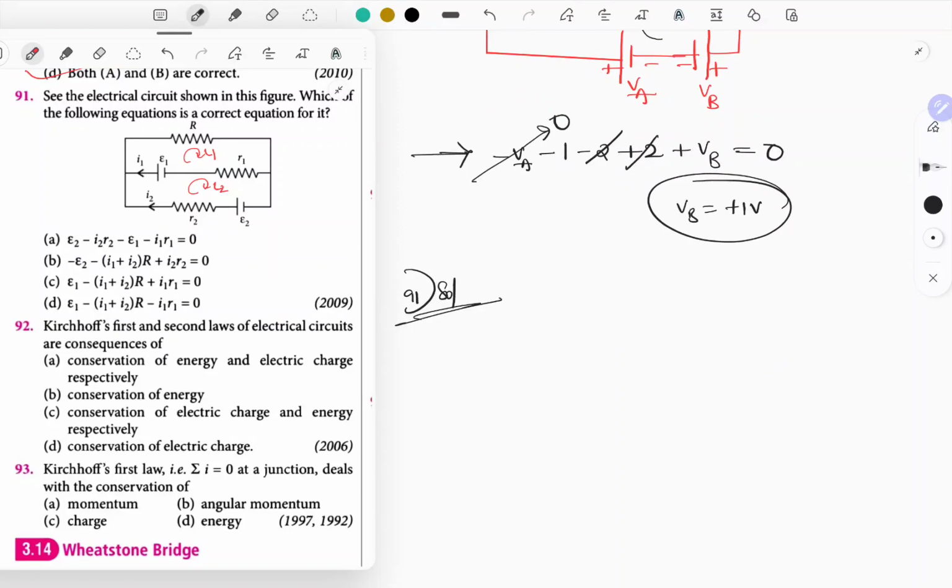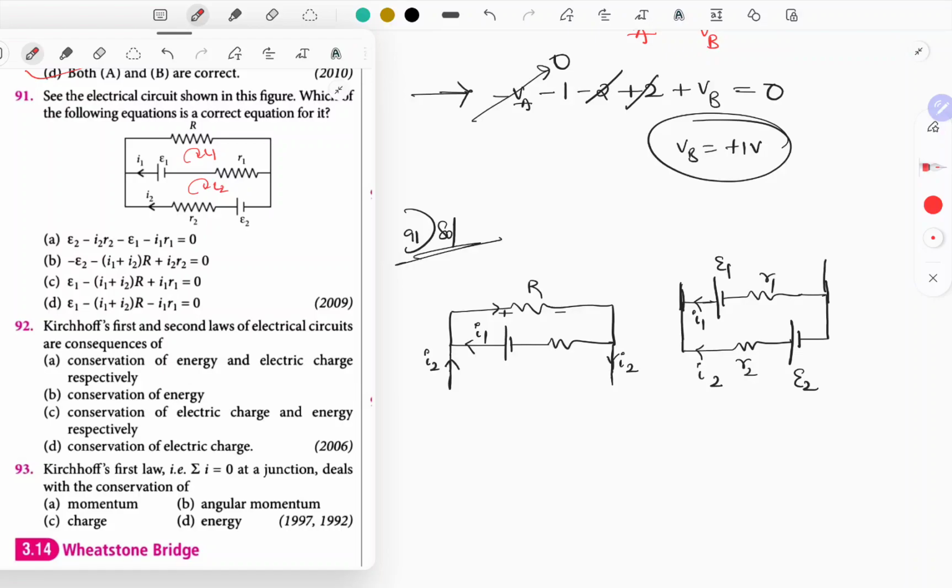Let's observe loop 2 first. Observe this circuit. I just divided loop 1 and loop 2. It doesn't mean that I'm making it an open circuit. That is not the meaning of this division. It is just easy for me to write down the KVL equations.